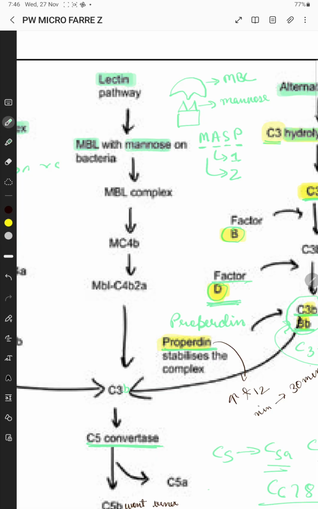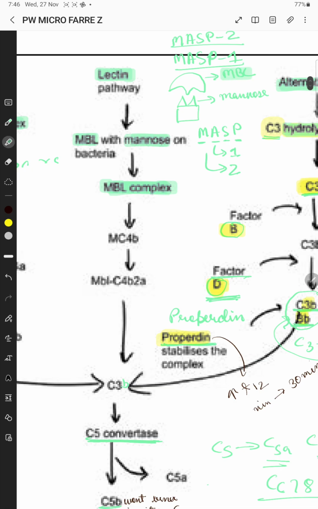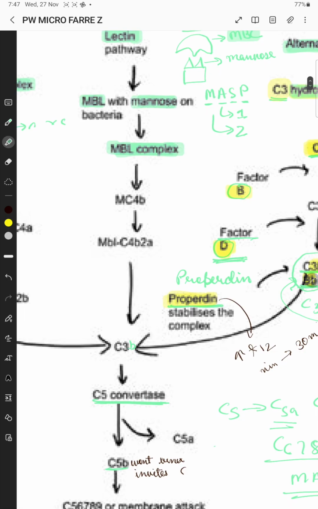After mannose binding lectin, MASP1 and MASP2 will bind to it. This is known as the MBL complex. First the mannose binding lectin, then these two proteins, MBL associated serine proteases 1 and 2, will bind to it and form the MBL complex.